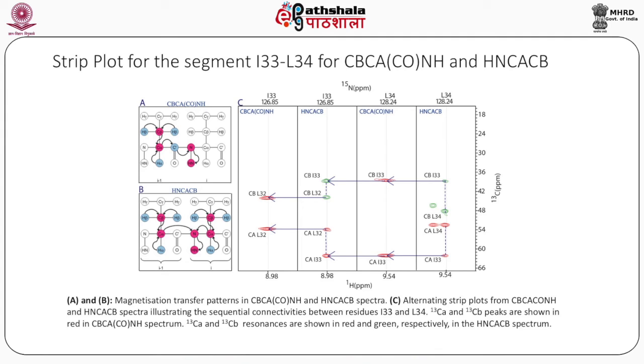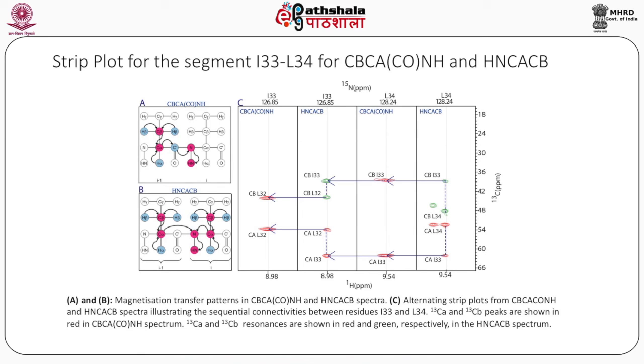The strip plots are on the right, and the schematic for CBCA(CO)NH is on the top and HNCA-CB is on the bottom, represented by figures A and B. As you see in figure A, magnetization is going from the H betas and H alpha to C beta and C alpha, from there to the carbonyl, from carbonyl to the directly attached N and from N to its H. That is how it is detected in a single direction.